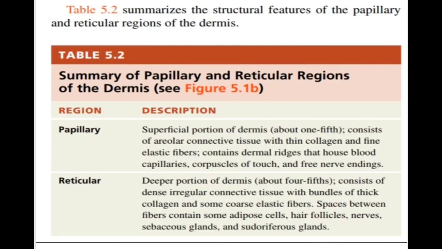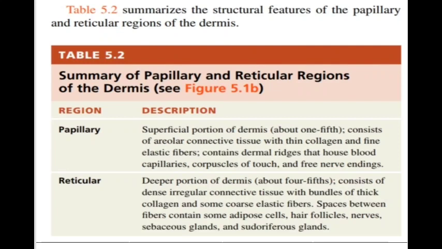The cells here are few, just like fibroblasts, macrophages, etc. There can be some adipocytes as well, and it mostly consists of blood vessels, nerves, certain glands and the hair follicles. That is, the nerve or blood supplies of the skin are found in this dermis.